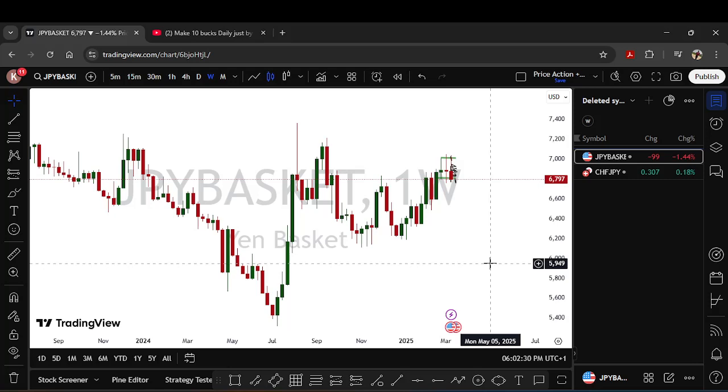So first of all, the main thing I'm going to be talking about today is the yen, because I'm seeing a lot of confluences. First of all, I'm expecting yen weakness, but probably not massive weakness. I'm expecting the yen to drop, the yen to be weak.